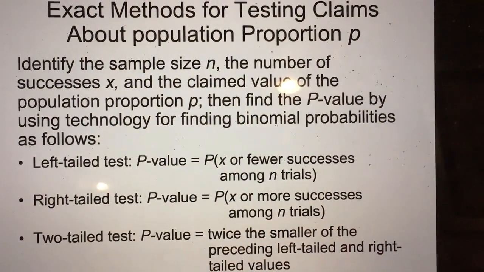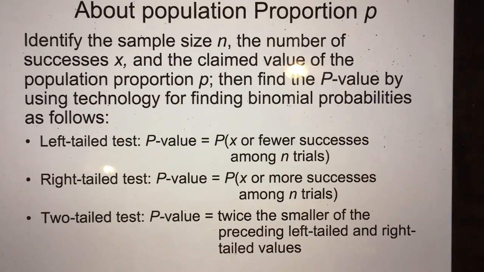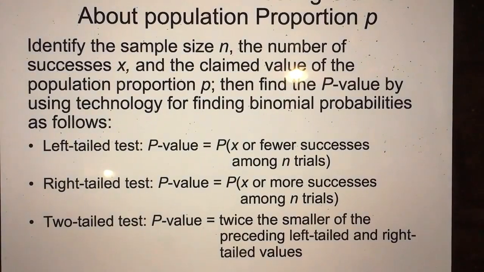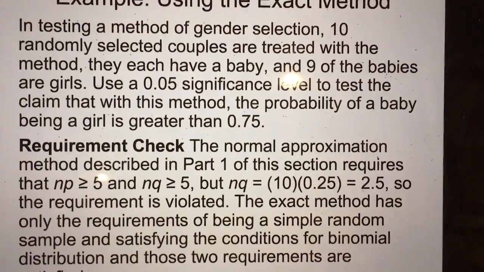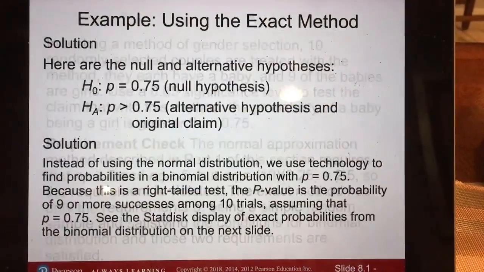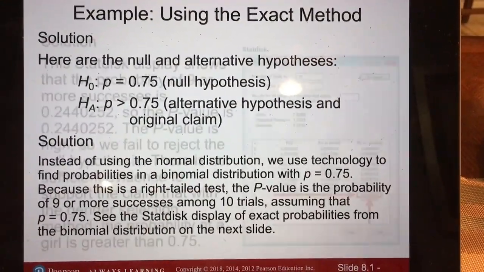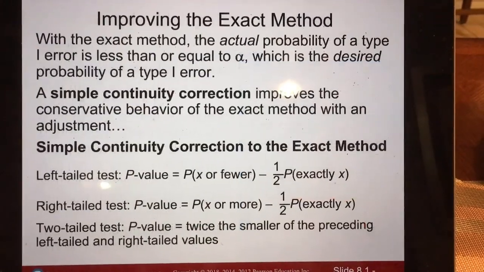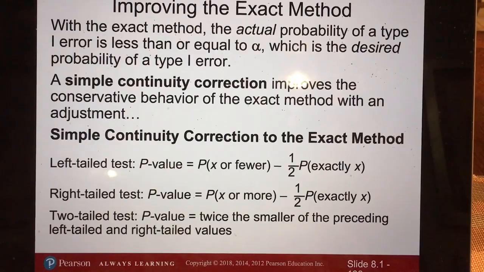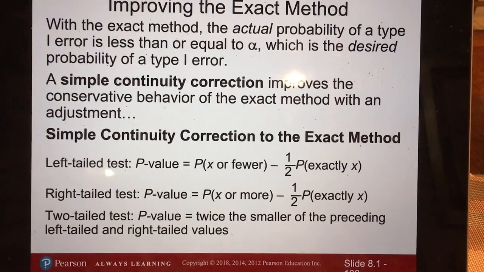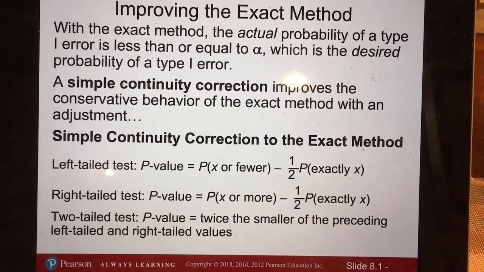I'm not going to be testing you on this. This is just talking about how to be more exact, and they also talk about using a correction, a simple continuity correction. I'm just not going to test you on that at this point.